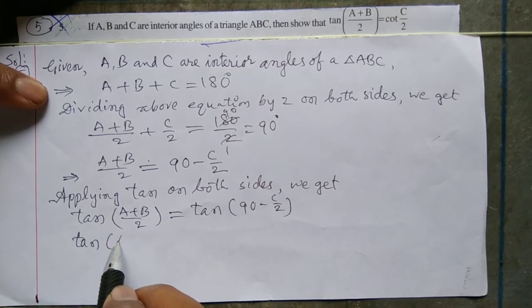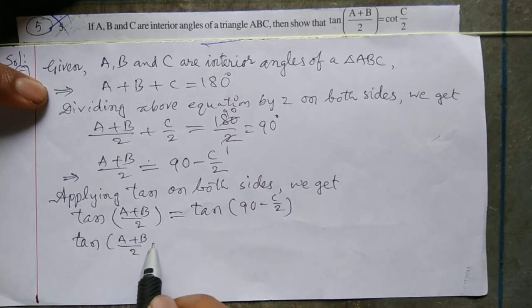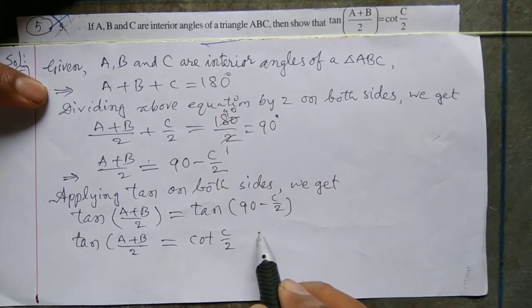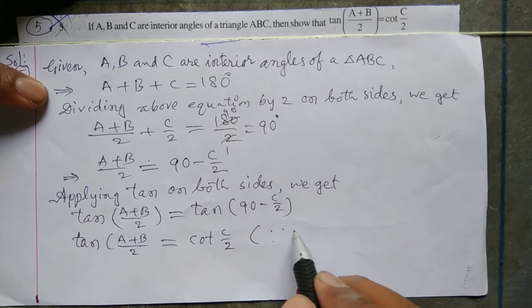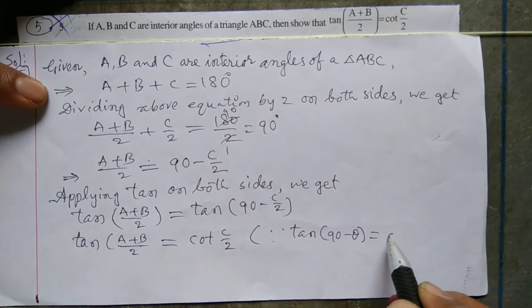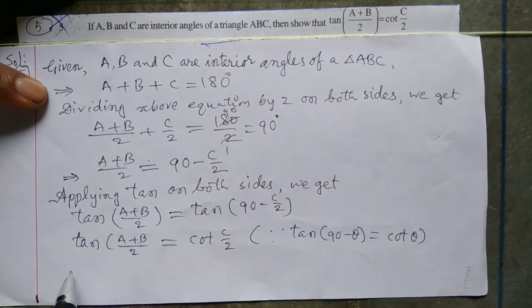Tan (A plus B) by 2 is equal to cot C by 2, because tan 90 minus theta is equal to cot theta. Therefore, hence proved.